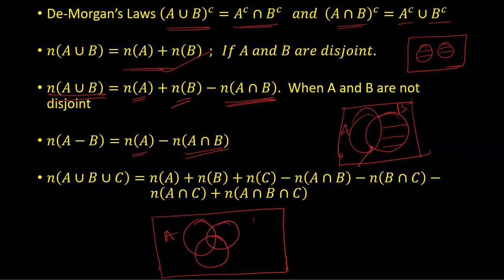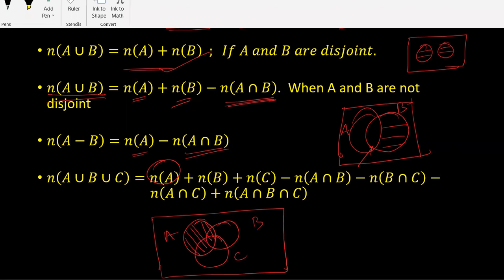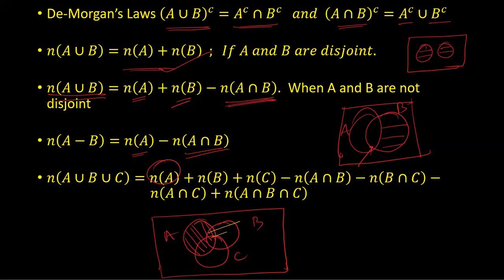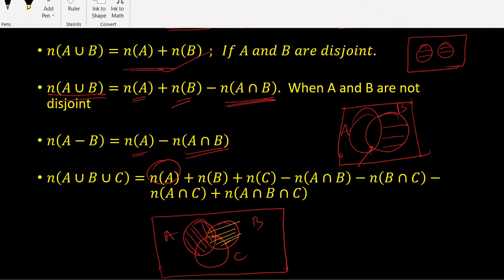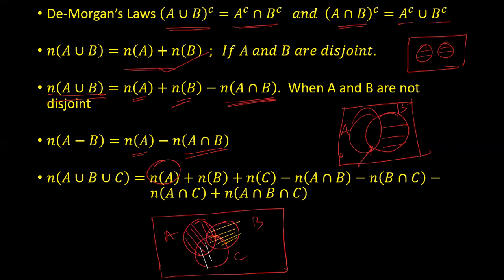This is A, this is B, this is C. Now I have counted n of A, all the elements. Now n of B means I have counted this whole part. Now n of C, I have counted this whole part.